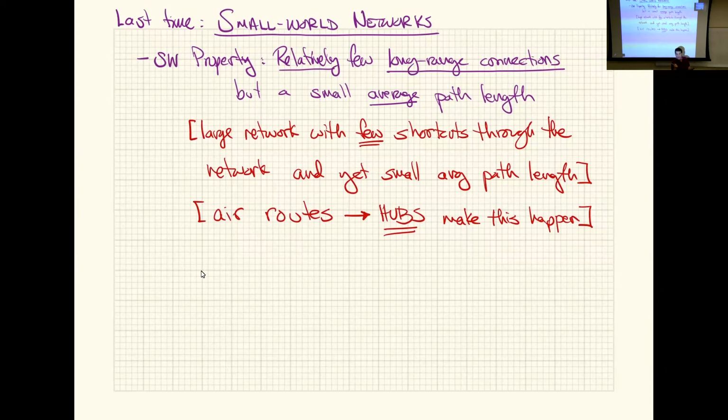And the reason that worked is because of this sort of small world property. Because if you don't have a direct path from your source to the destination, if you just get it on a plane, most of the planes that aren't going the direction you want will be going to a hub. And so then that cargo will land at a hub, and at a hub, there's almost definitely going to be a plane going to where you want it to go.